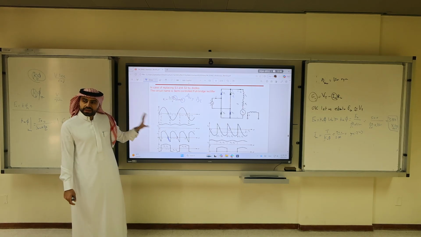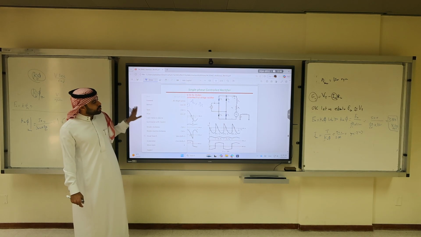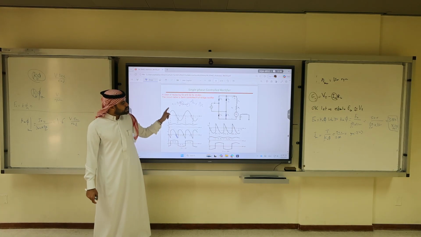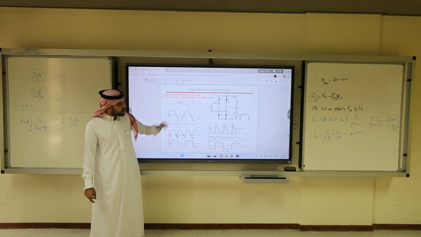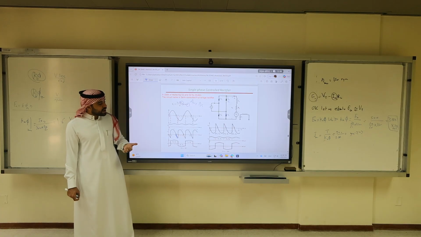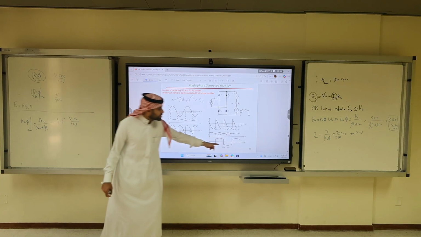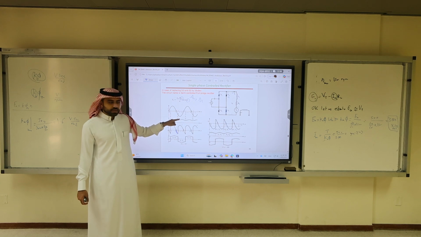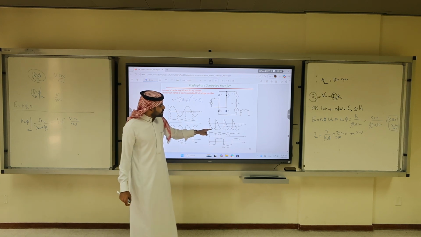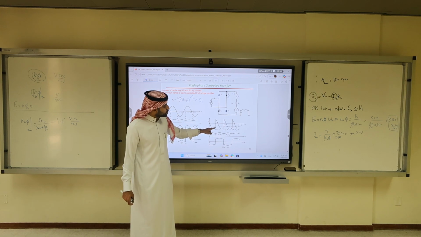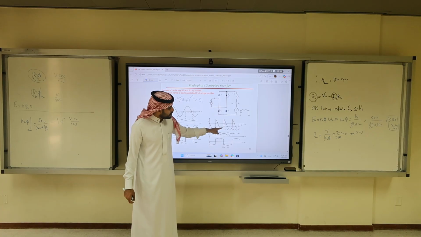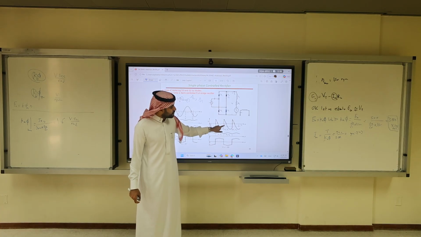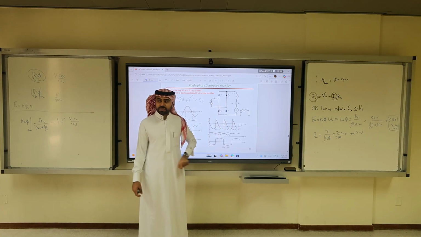You don't have to know the details, but you have to know the equation. And then they estimate the DC voltage by the firing angle. Let's say the firing angle now is at 135. 135 is you fire at a negative. What will happen here is at 135 you would conduct a negative current, and then you have a small positive.